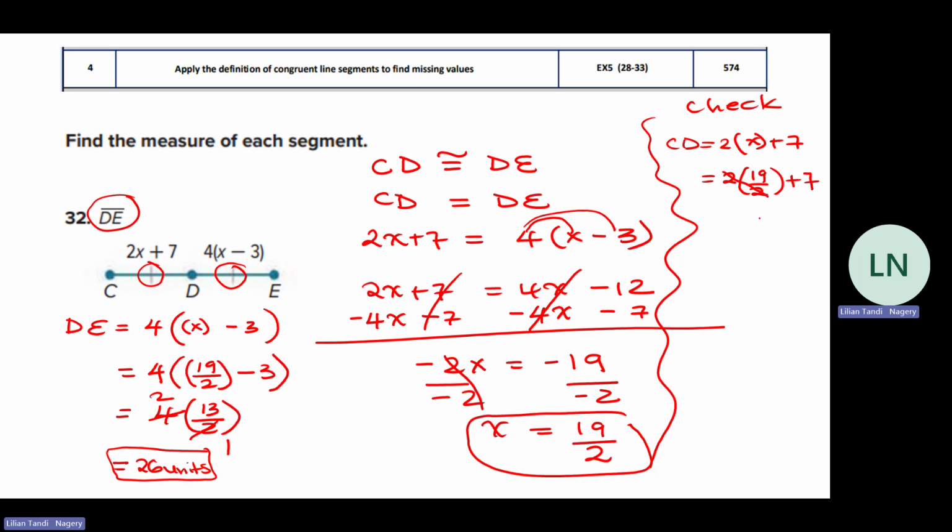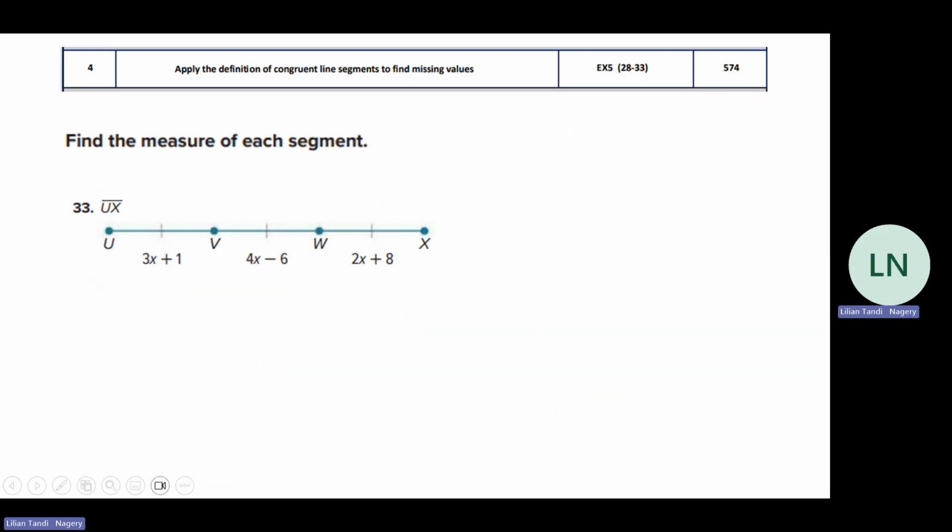These 2 and these 2 go away. So I have 19 plus 7. That will give me 26. So I know I am correct, okay? Because here is 26 and here is 26. And because CD is 26, DE is 26, I am correct. So your answer for DE is 26 units.